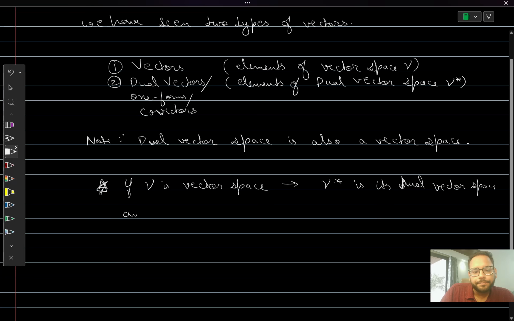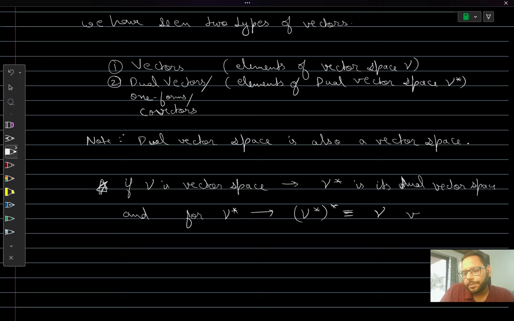And for this, since this is a vector space, how do we know? You take the dual of this vector space, it is isomorphic to this, or say equivalent to this. We can define this as the original vector space.